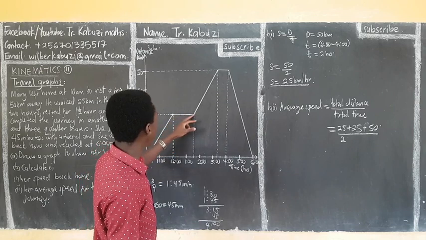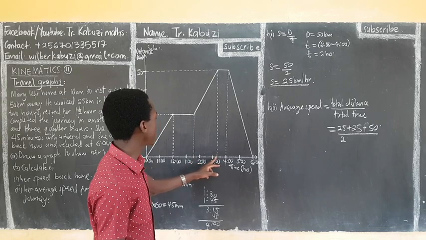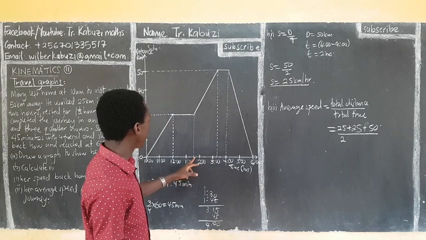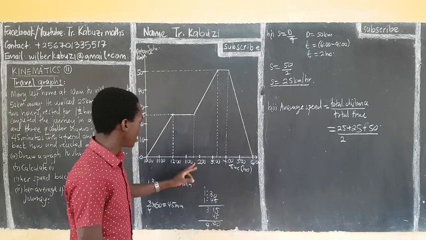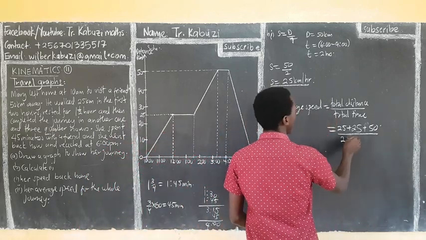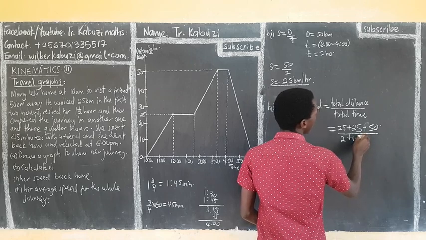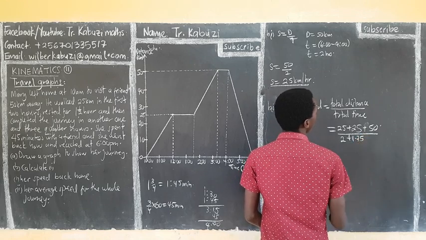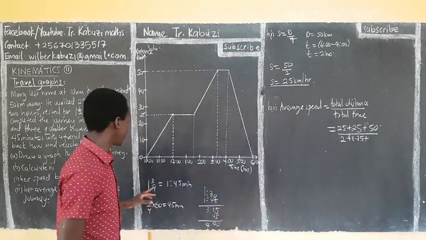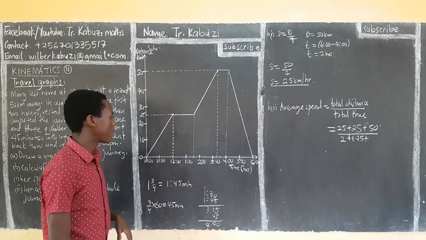Then from here up to here, she used 1 hour 15 minutes, that is 1.75 hours. Then plus, because they told us that she used 3 and a quarter, that's 3.25 hours.